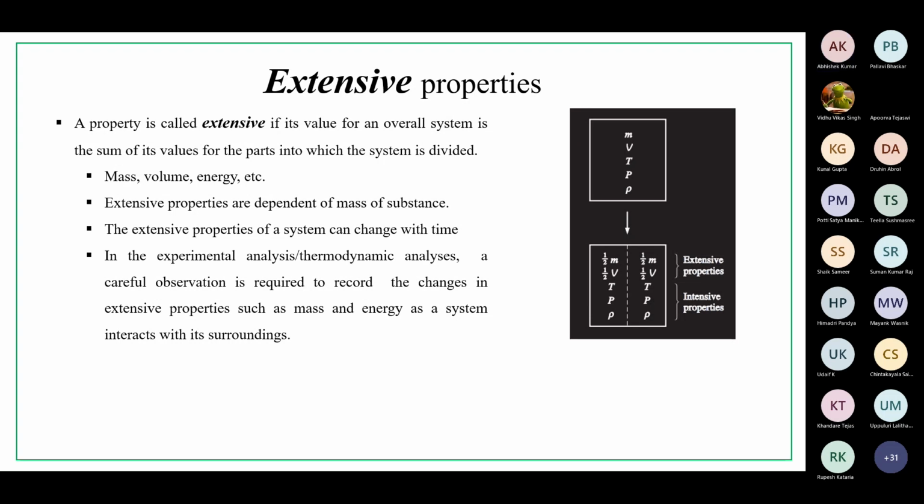The temperature is the same in every cup as earlier in the big boiling bowl. The same with density: is the density changing when you divide that big vessel of tea into 10 cups? No. So when you are splitting the system and its property is not changing, then that is an intensive property.